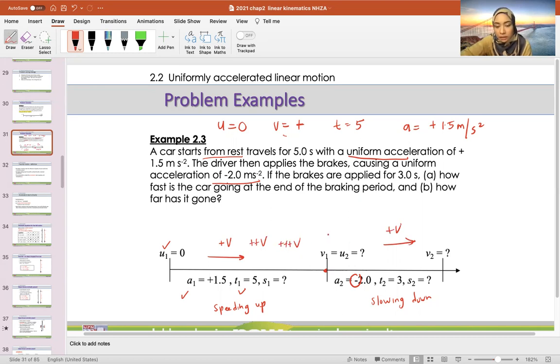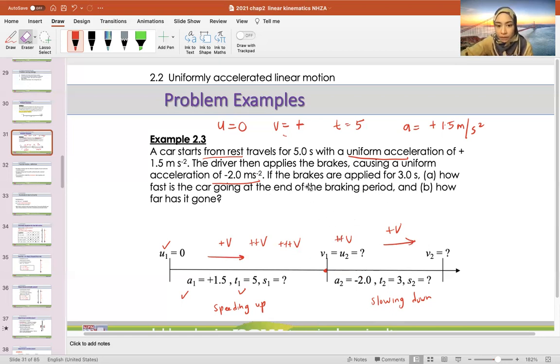Earlier there were 3 positives, now it's 2 positives and then 1 positive. So it slows down. Okay, so it depends on the signs. Sometimes you have negative V and positive A. So that is something you need to figure out, okay. Just know that if the signs are the same, speeding up. If the signs are not the same, slowing down.